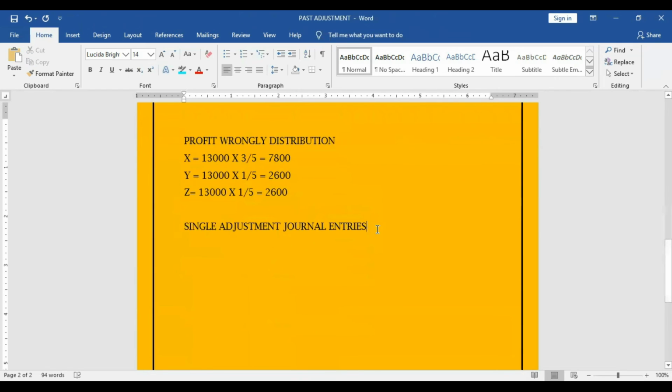This is the answer. You are expected to provide this answer, that is X capital account debit 2,500, Y capital account credit 2,400, Z capital account credit 100.